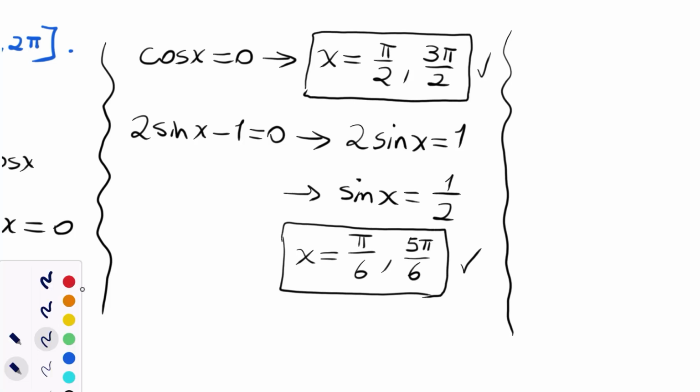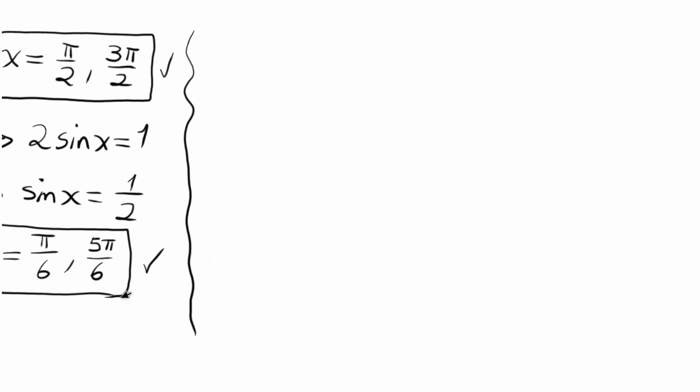Let's continue with our second method. Remember, our original equation was sine 2x is equal to cosine x.